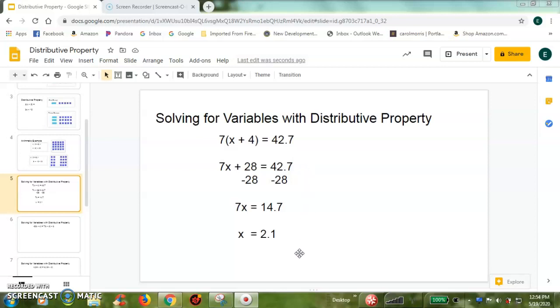Right, and then from here, I'm just going to solve for variables like I've showed you in previous videos. So first thing I'm going to do to isolate the x is subtract 28 from both sides, or combine it with negative 28. That leaves me with 7x equals 14.7. And then the last step is to divide by 7. So when I divided both sides by 7, I ended up with x equals 2.1.